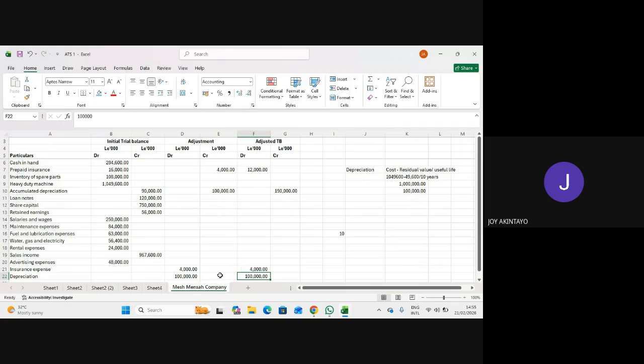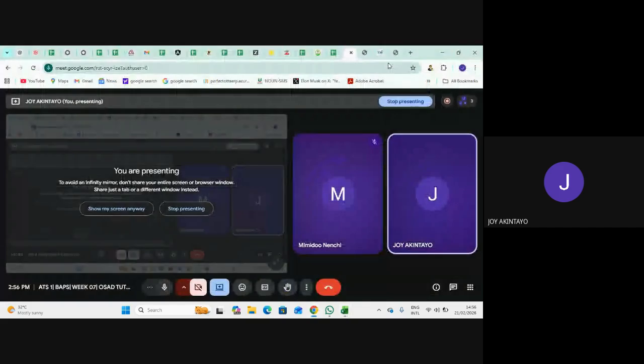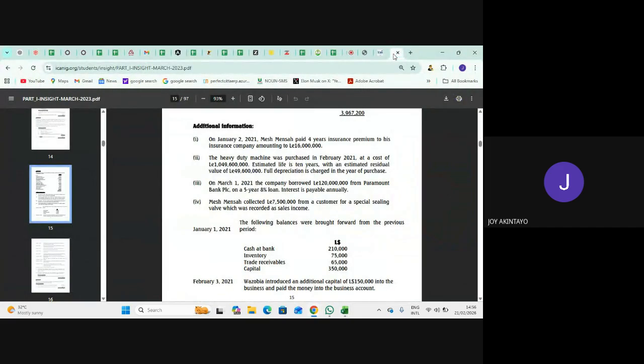So next thing. We are being told that on March 1, 2021, the company borrowed 120 million from Paramount Bank PLC on a 5-year 8% loan.